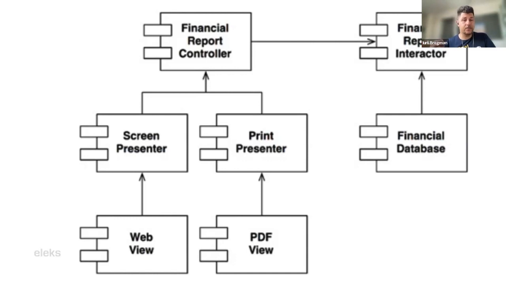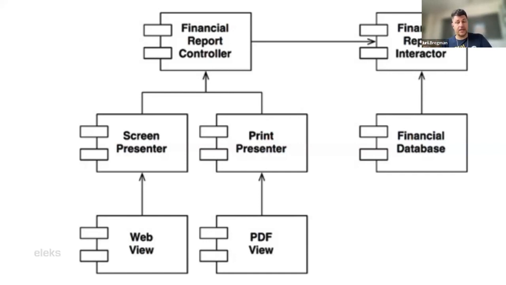So we want to protect our controller from changes in the presenters. We want to protect the presenters from changes in the views. We want to protect the interactor from changes in anything. The interactor in this position best conforms to the open-closed principle.